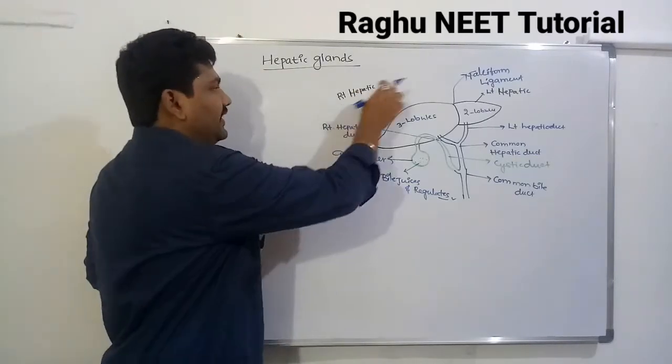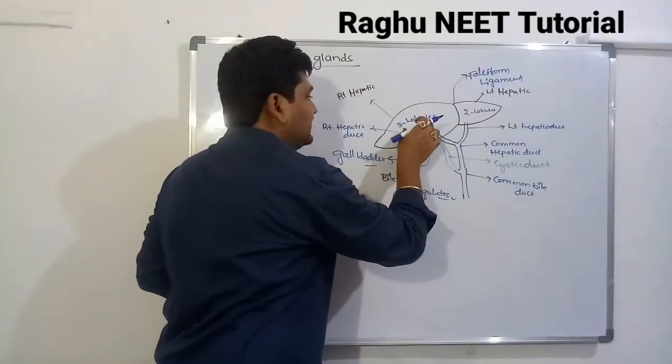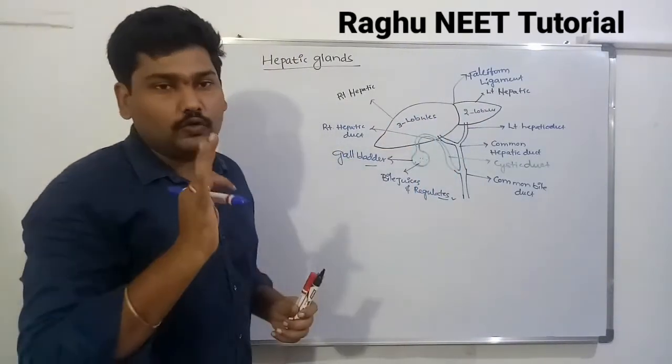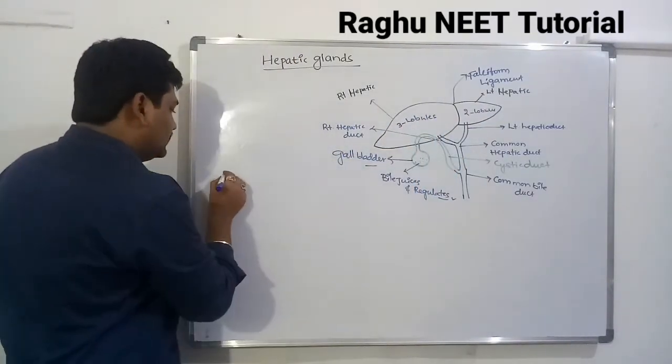The right hepatic lobe and left hepatic lobe consist of lobules: the right one has three, the second, the left one, has two. So what are lobules?